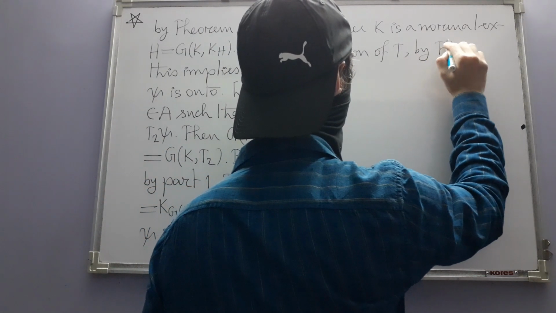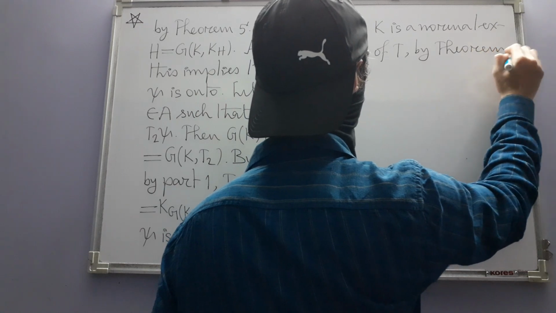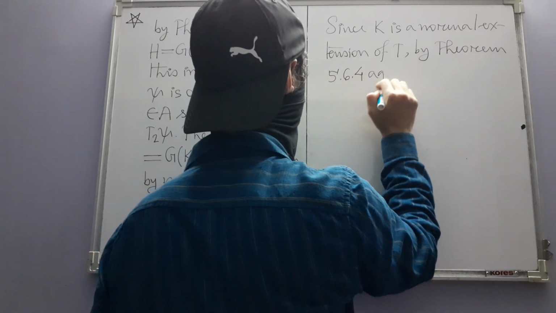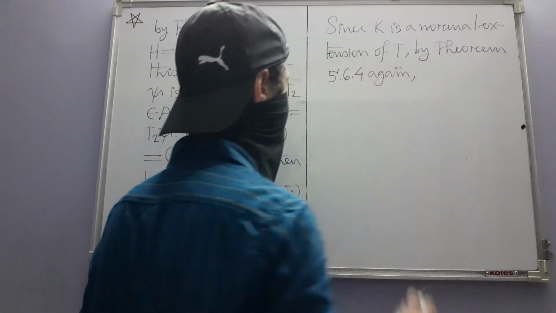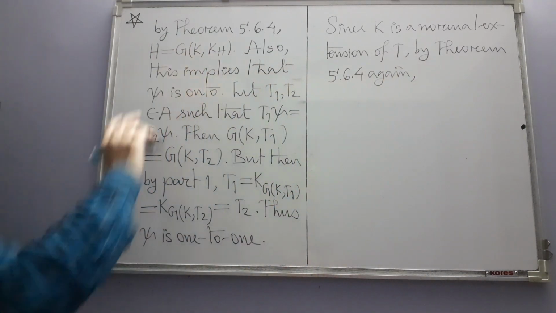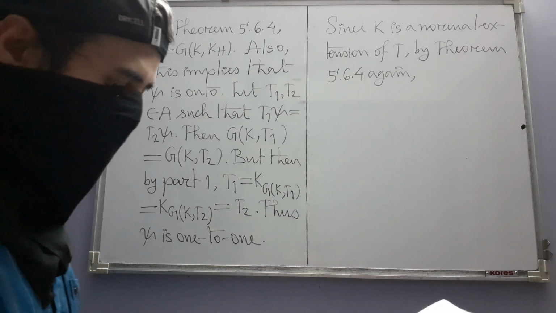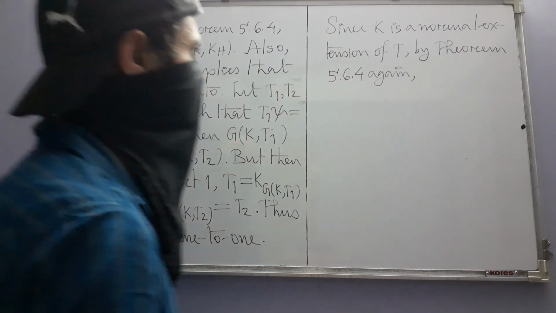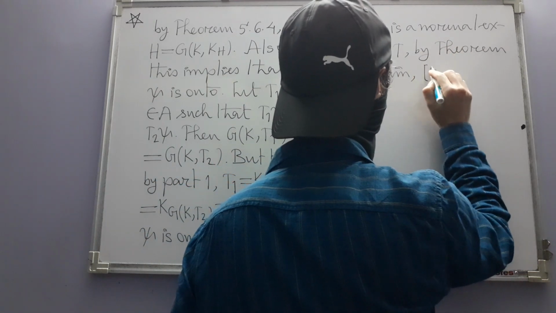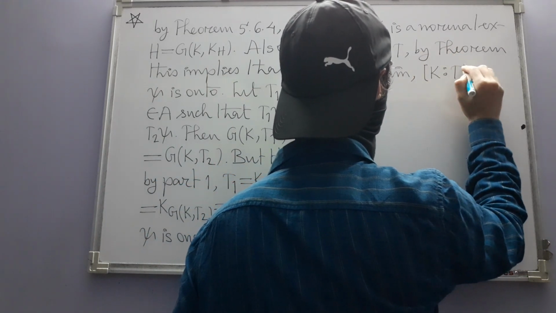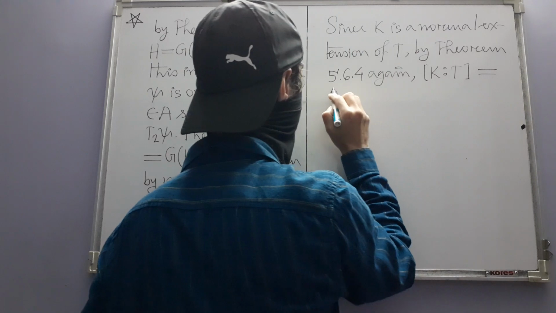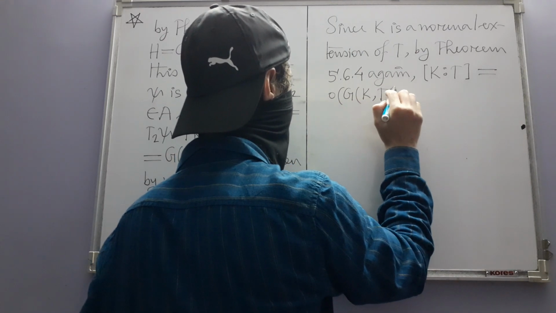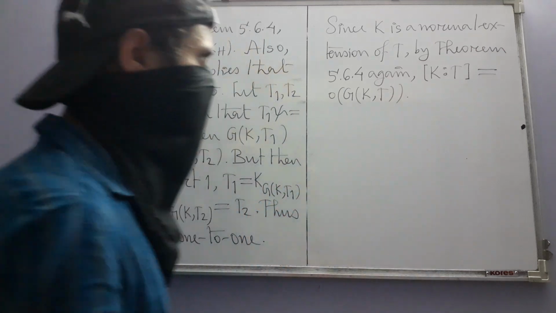By theorem 5.6.4 again, this time we are going to concentrate on the degree of K over T. Degree of K over T is equal to the order of the group of automorphisms of K relative to T.